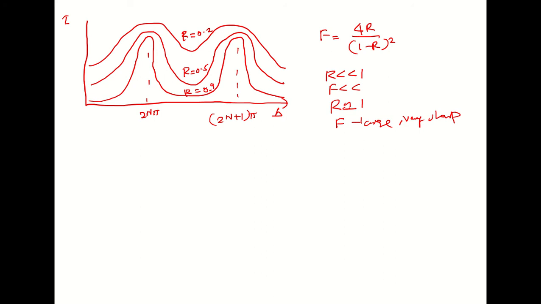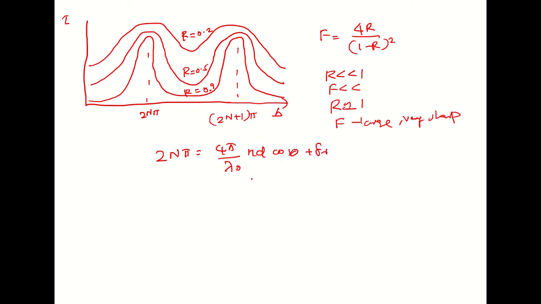And also we can say that 2n pi equals 4 pi by lambda 0 nd cos theta plus delta r.